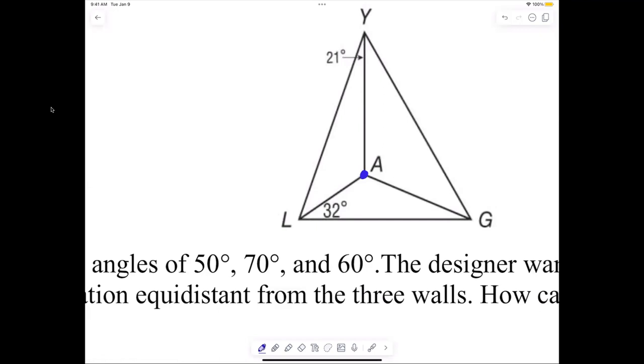Is AL, AG, and AY equal? Definitely not. If that was the circumcenter, she would be correct. This point is equidistant to the sides. And we said yesterday, equidistant to the sides means that the distance from a point to a line or point to a segment is the perpendicular line segment.